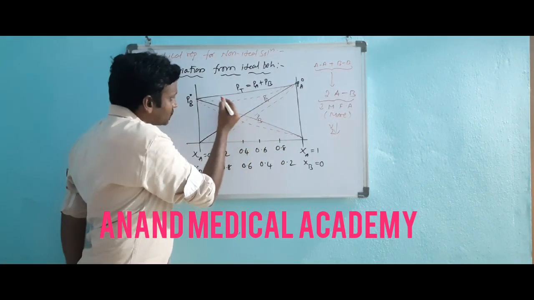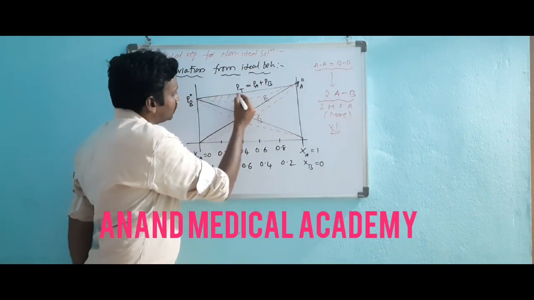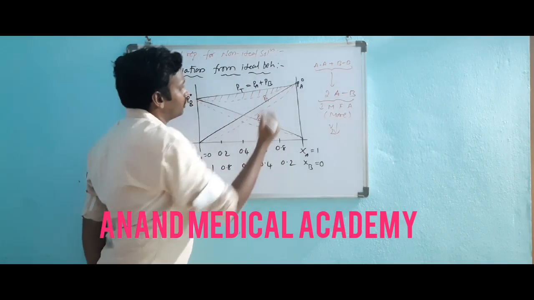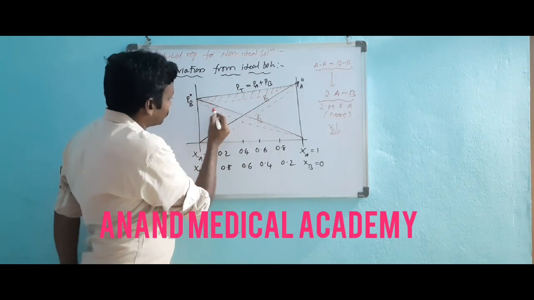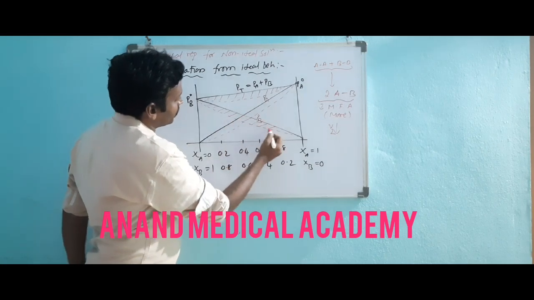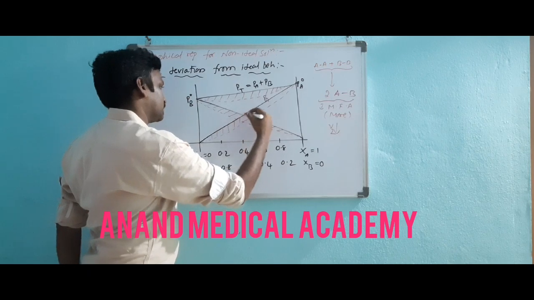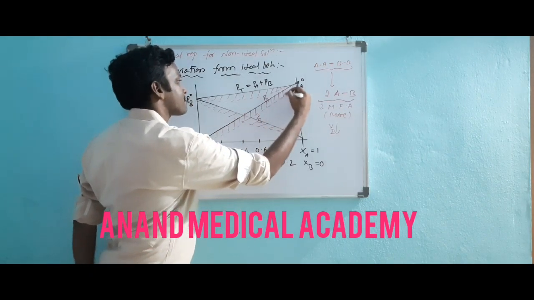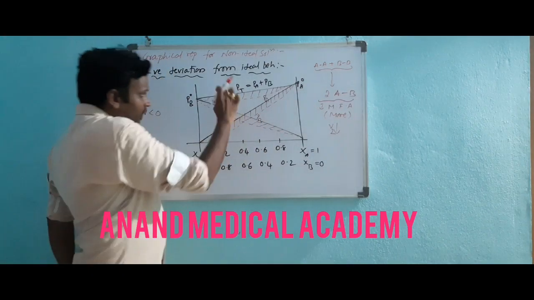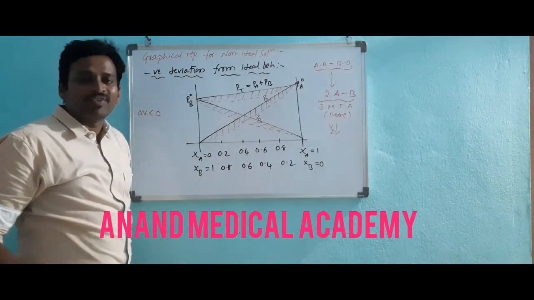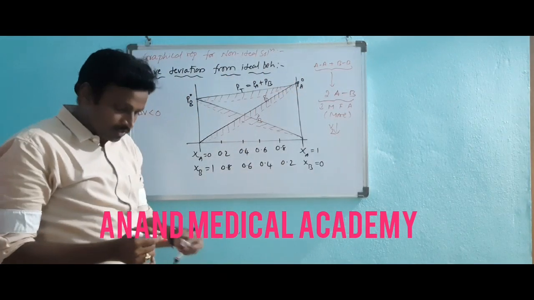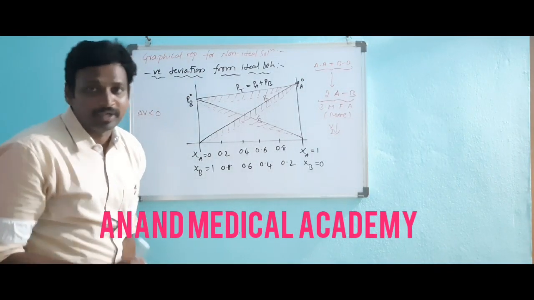This much is the deviation from ideal behavior. And here you have a deviation from ideal behavior, and here too. This much area is a deviation from ideal behavior because they are showing negative deviation.